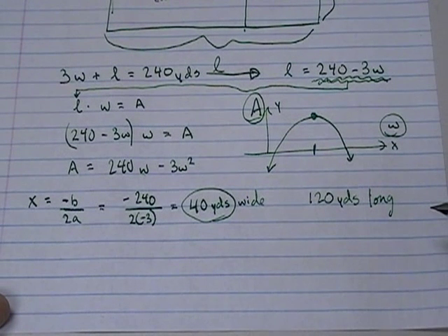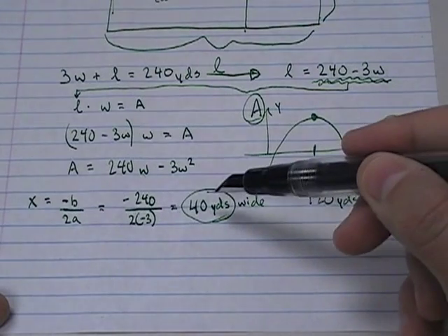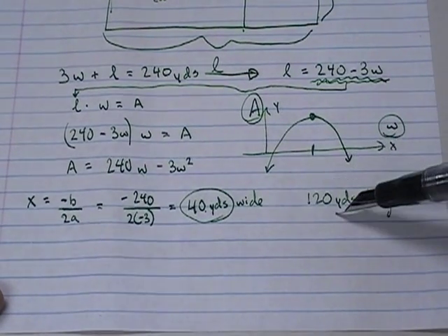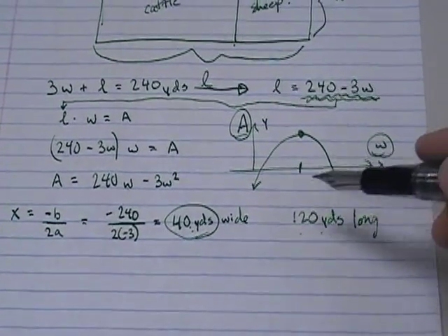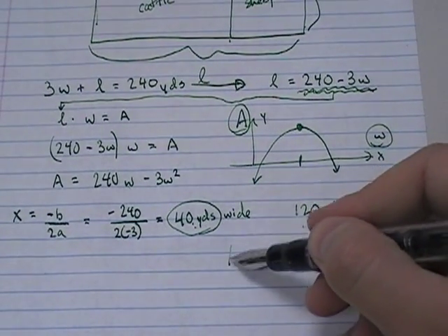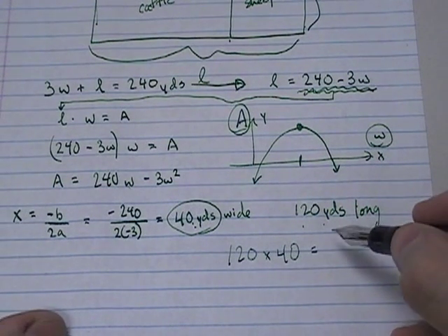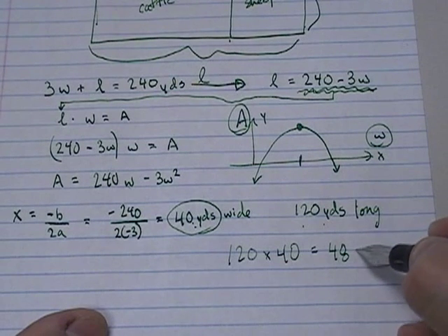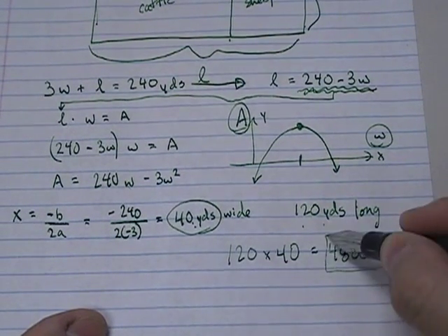Well, what is the maximum area? The maximum area is length times width. So multiply these two numbers together. Take this 120 times 40, and what do we get? 4,800 square yards.